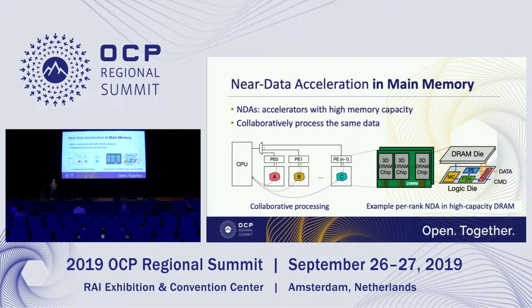Also, since the CPU and NDAs are sharing the same memory, they can collaboratively process the same data. That is shown in the left figure here. The right figure shows just an example of per-rank NDA, so we can scale the bandwidth along with the number of ranks.